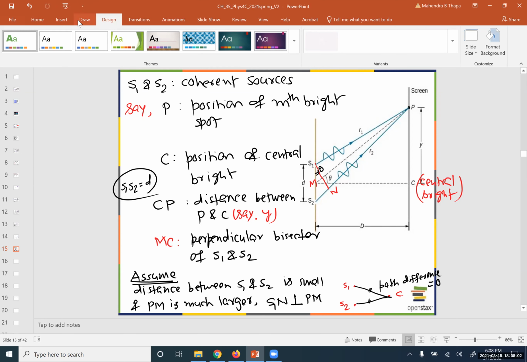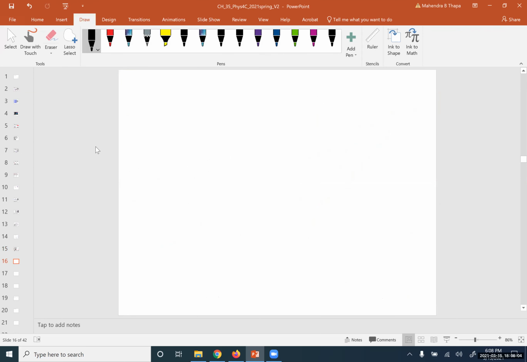Right here, the angle PMC is theta. Then this means we can also say the angle at S1 N is the same angle theta.